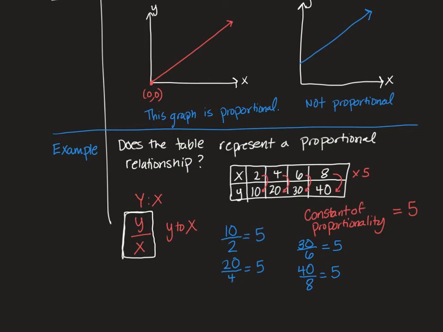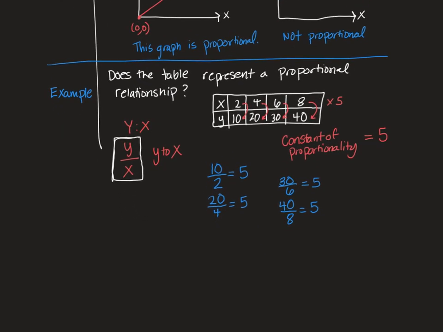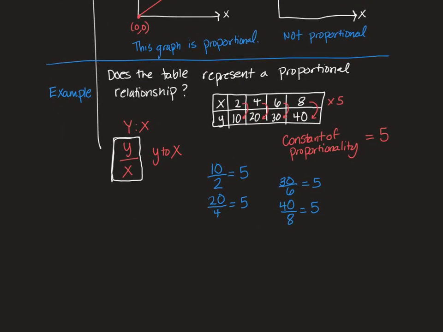Now here's another thing that I want you guys to be aware of. You can also write an equation. Since you found the constant of proportionality, you can write the equation. The equation that we use for proportionality is y equals mx.